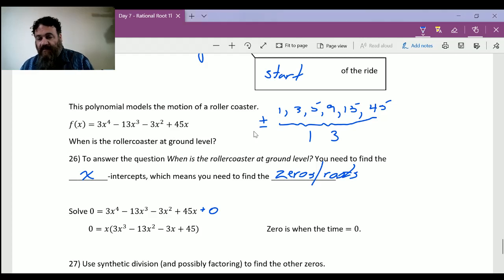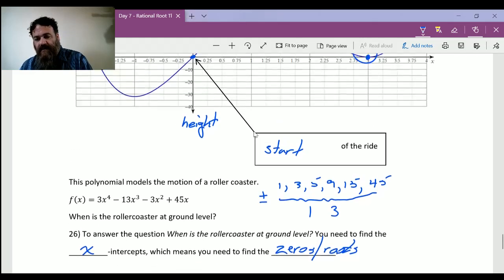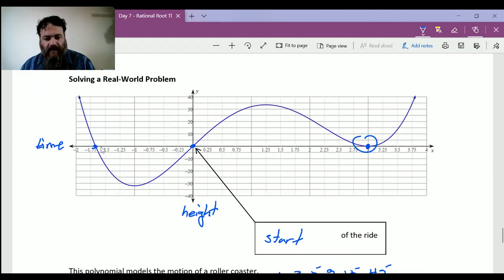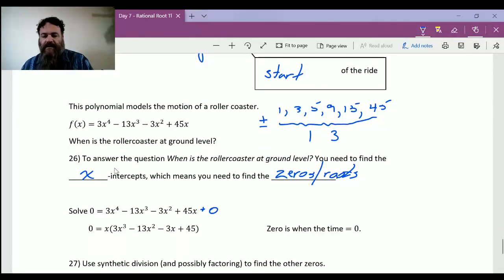Since I could see from the graph that this is somewhere in this neighborhood, okay, this is your 2, -2, and this is your -1. It's a little over halfway between 1 and 2. So you're looking for a little over halfway between 1 and 2.